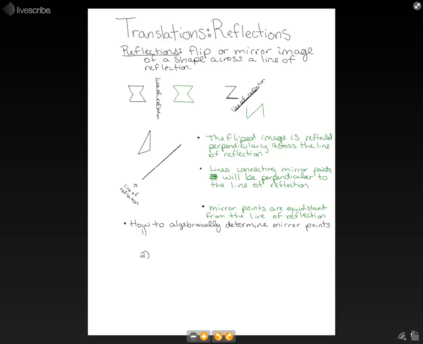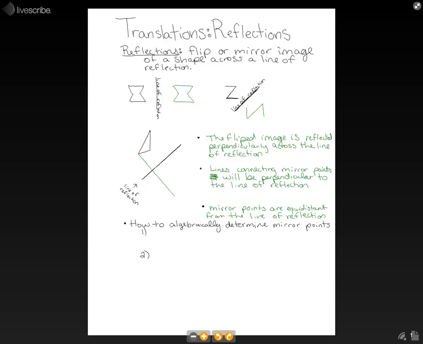If we have this shape and we want to figure out where its mirror image, or its reflected image, would be, first from each of the points we need to draw a perpendicular line connecting the points with the other side of the page. So for this bottom vertex, we have that perpendicular line.